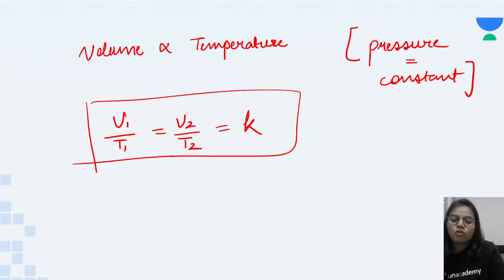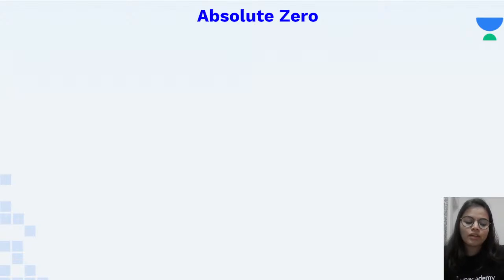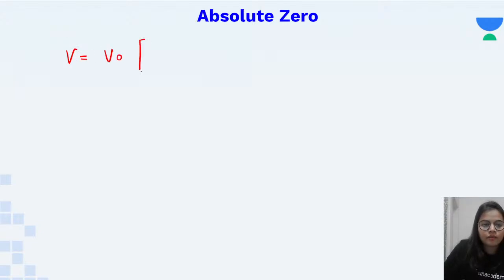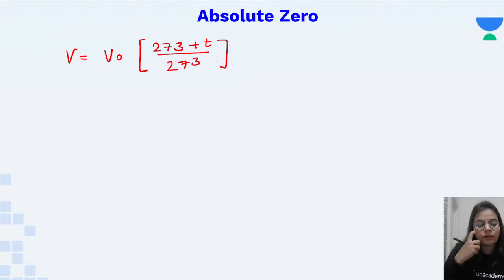Now let us move on to today's learnings. First we will learn about absolute zero. From the Charles equation, we had V = V naught (273 + T)/273.